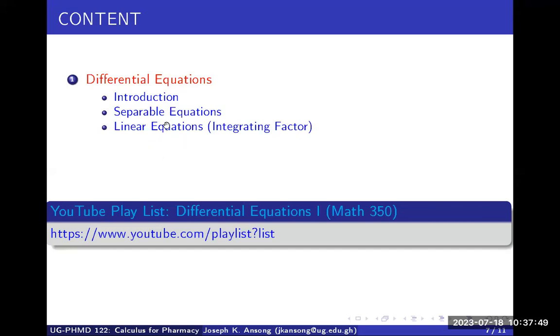Again, you can find these topics under my playlist, Differential Equations 1, Maths 350. Again, I go into more details here. So you just need a few topics, these two topics under this.